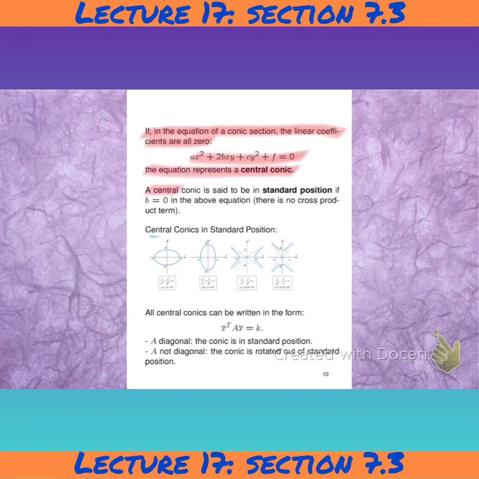Okay, a central conic is said to be in standard position if B is 0, in other words, if it has no cross product terms. And these are examples of central conics in standard position. So if that cross product term is 0, then you've got this neat little structure.